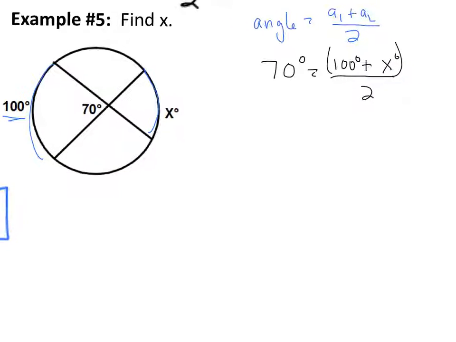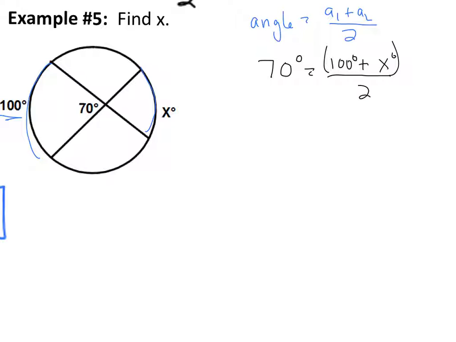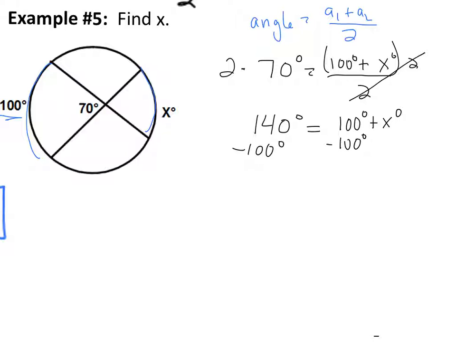Algebraically, the first thing I would probably do is multiply both sides by 2, because that will cancel that 2. So 2 times 70 is 140, which will equal 100 plus x, and then I'll simply subtract 100 from both sides. So x is going to be 40.